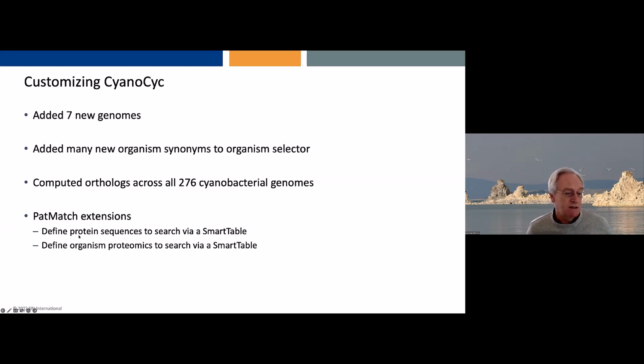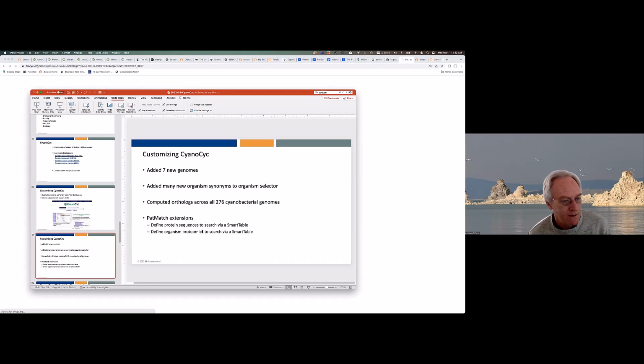Well, some suggested extensions that we ended up implementing were the ability to define a specific set of protein sequences to search via what's called a smart table in BioCyc, which is a table of data that you can store in your account. We also added the ability to use PatMatch searches against a list of organism proteomes via a smart table.